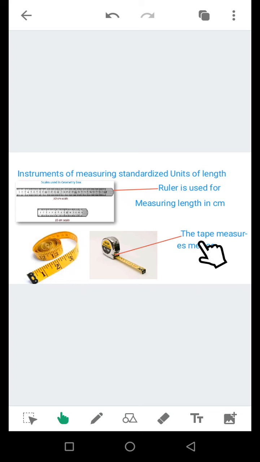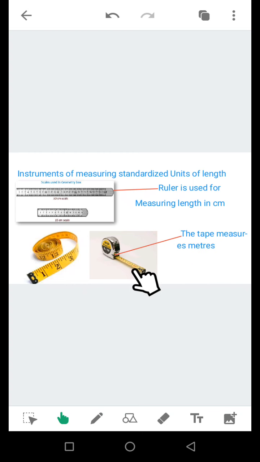Then the next one is the tape. Builders use this tape a lot, while tailors use this other one. This tape is especially used in measuring in meters.